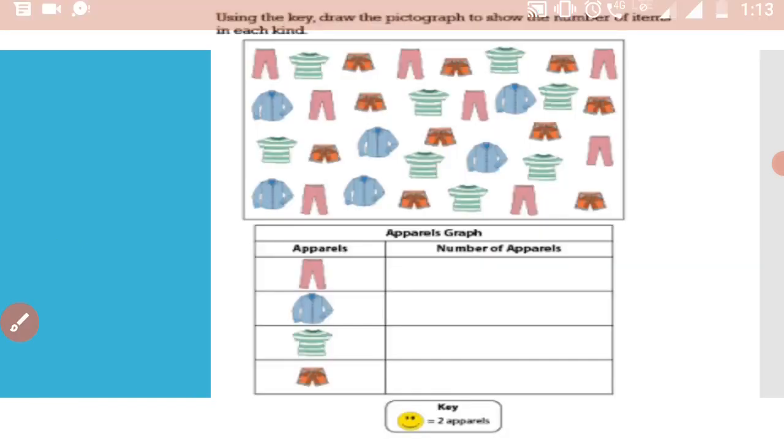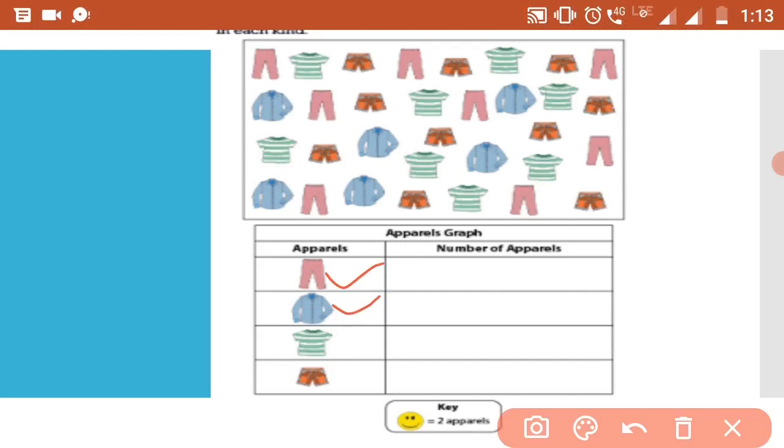Next, one more example is here. Here we have many clothes, right? Let's read the question. Using the key, draw the pictograph to show the number of items in each kind. So let's find out. Apparels, we have pant, shirt, t-shirt, and shorts. First, how many pants are there? And you have to use one smiley for two apparels.